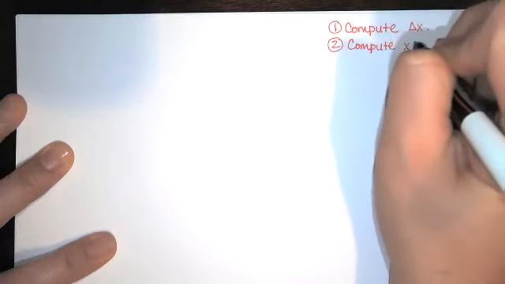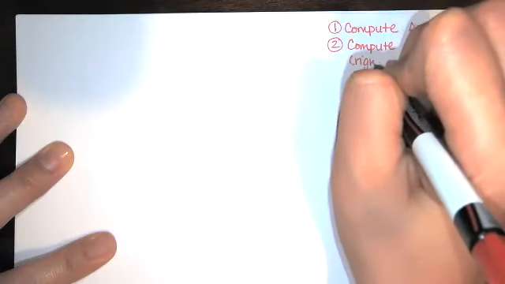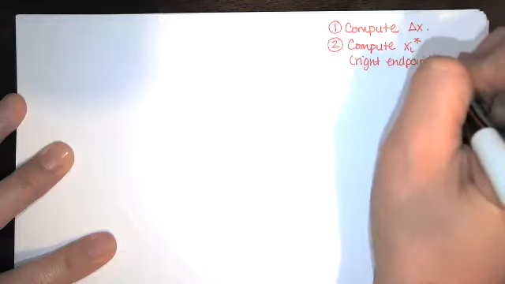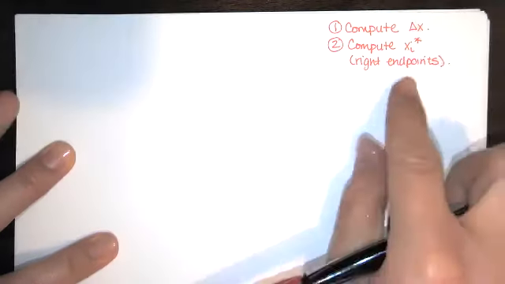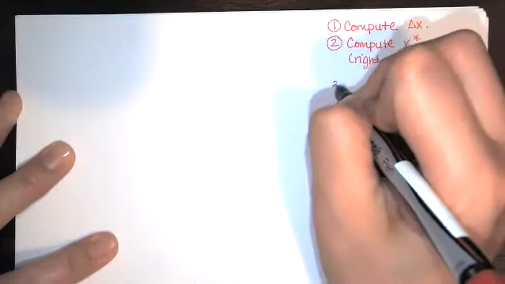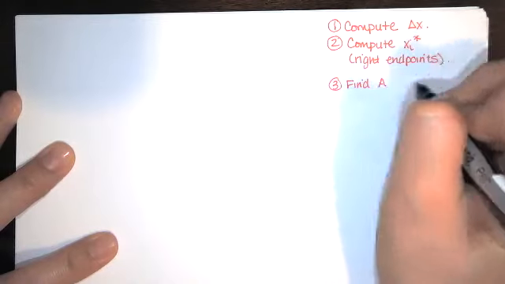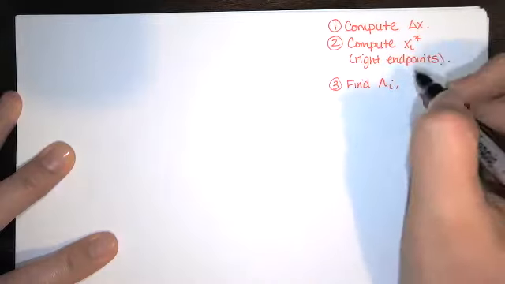So you compute delta x, then we compute x sub i star using the right endpoint formula. And then once you have that, you want to find the area of the ith rectangle.